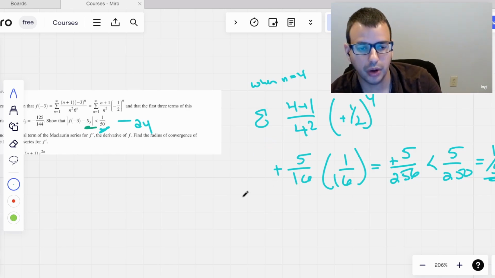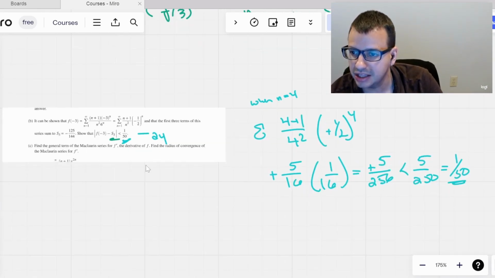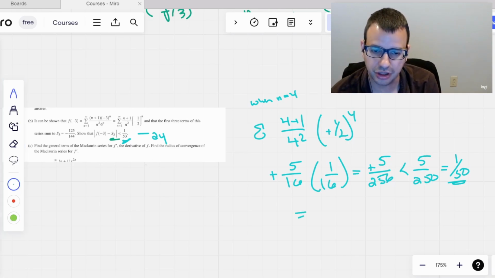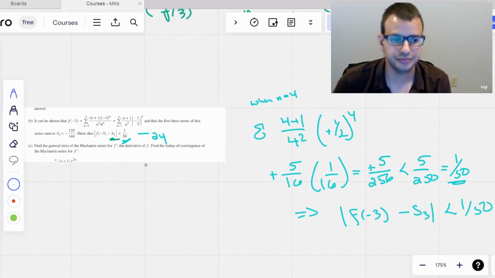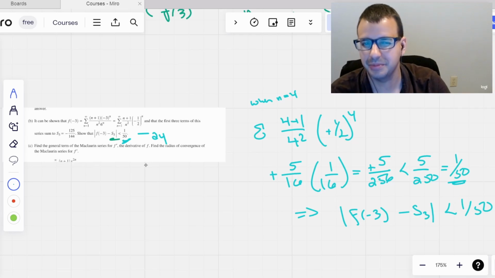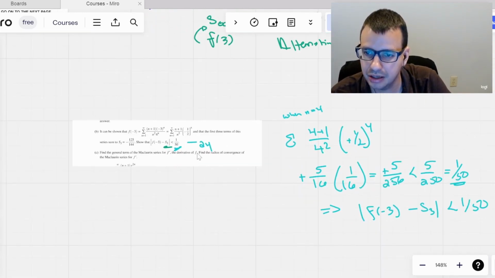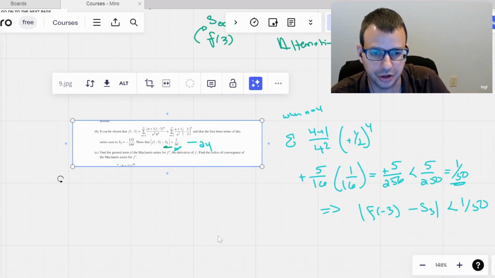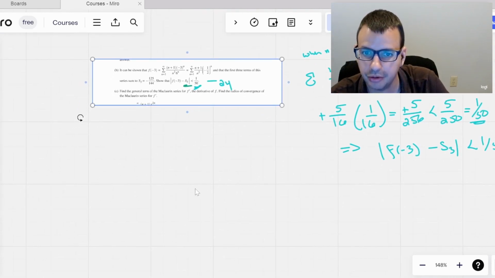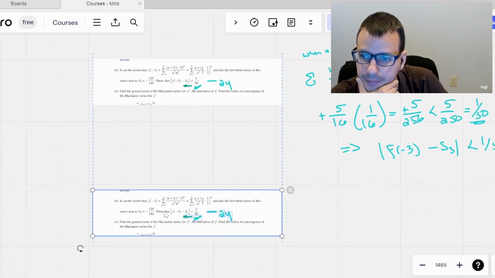So roundabout way, I would say then, and then with confidence, I would say that the absolute value of F minus S3 is less than 1 over 50. And this is the work to show it. Kind of my reasoning and justification behind it. Not as strong as I would like, but that's what I got. So that's where I'm going to go with. All right, so that's how I would approach part B.